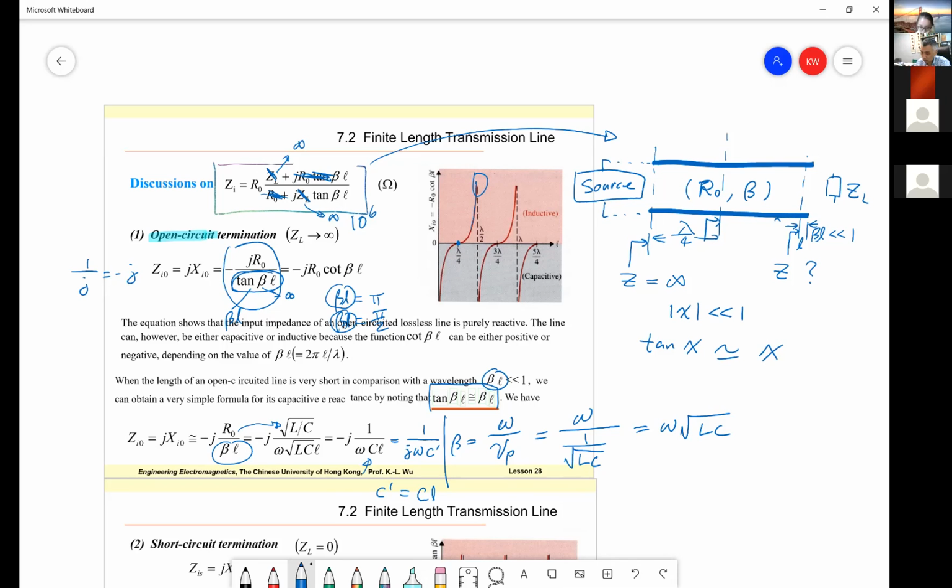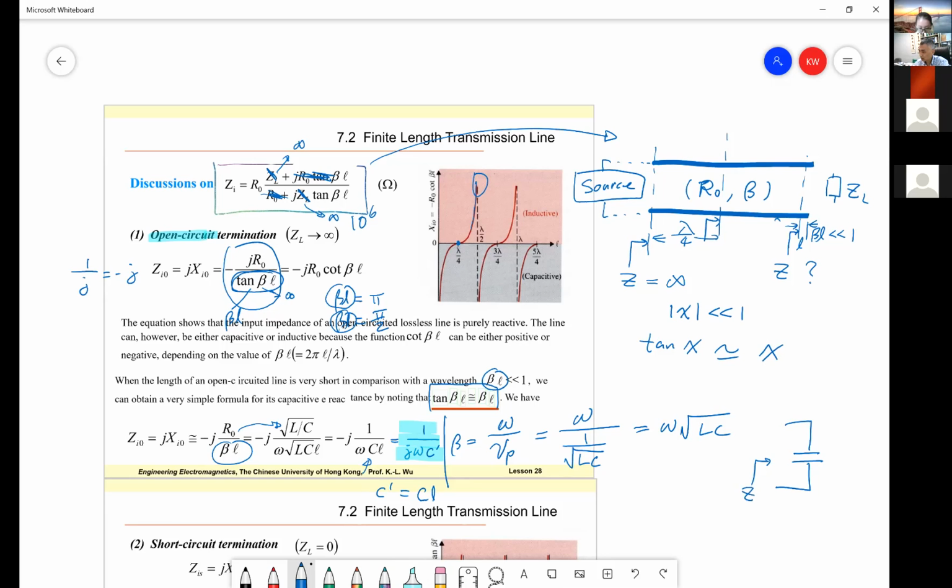This equation, we supposedly learned in circuit theory. For a given capacitance, what is the impedance?